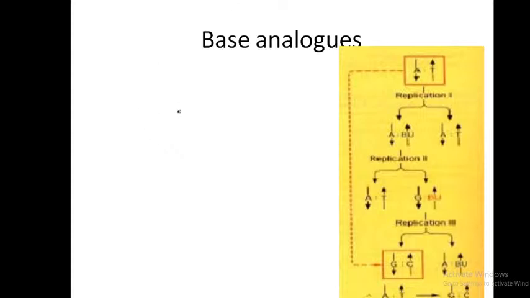The example which you have to study is 5-bromouracil. There are many base analogs, and the common ones which you have to study are 5-bromouracil and 2-aminopurine.